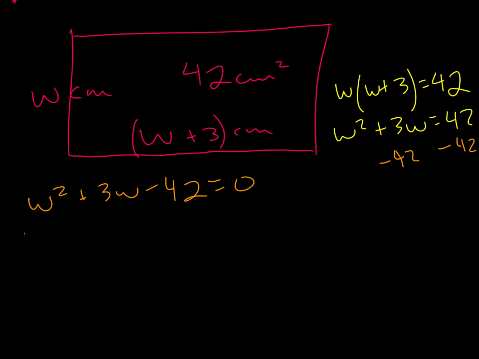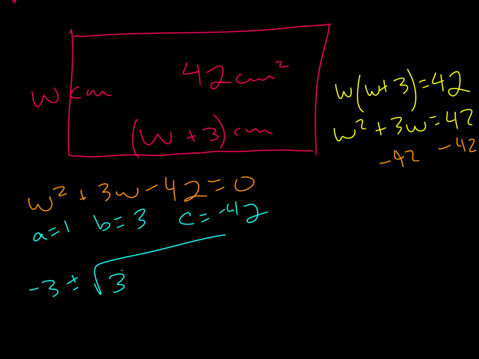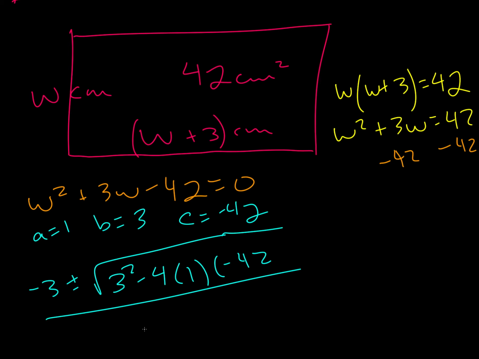I don't think this one will factor, so I think we need to. And so our A is 1, B is 3, C is negative 42. And so we get the opposite of B, plus or minus square root 3 squared minus 4AC, all over 2 times A. Okay, watch the quadratic formula video if you need a little refresher on that.